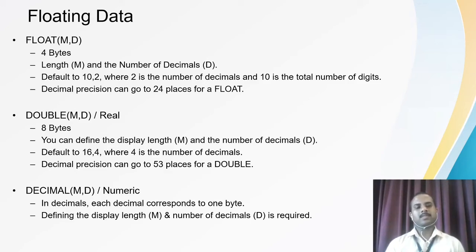The main difference between float, double and decimal is that float and double approximate the value, while decimal keeps the number in its exact format. So decimal is mainly used when you want to represent things related to currency.